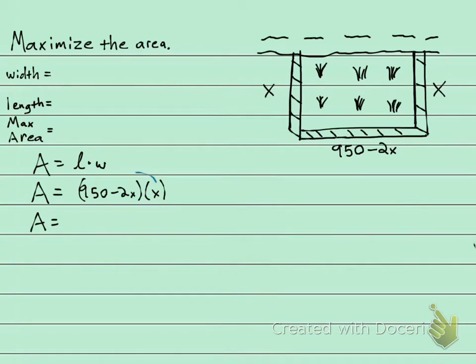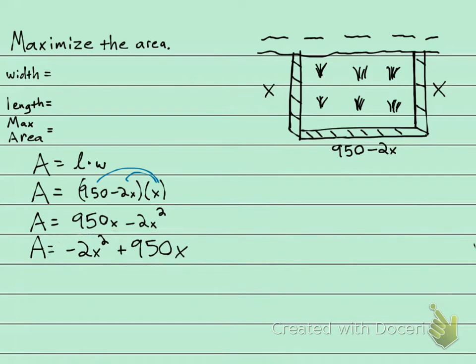If I distribute through, you'll see that I get 950x minus 2x squared. And we like to put it in order. We like to put our highest exponents first. Negative 2x squared plus 950x. Okay, and if you look at this, this should look familiar to you.